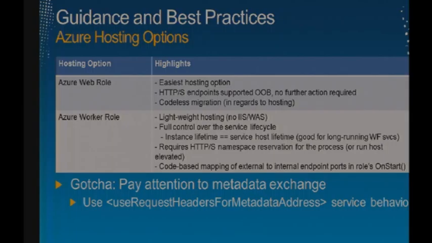And then any durable events will become valid and in scope of your process. Tiago already discussed the use of that special behavior, use request headers for metadata address, so I'm not going to spend any more time on this.